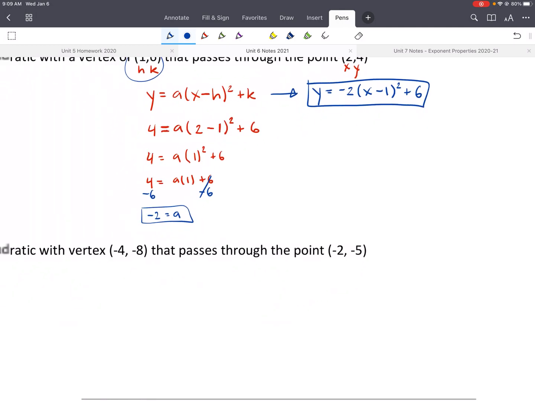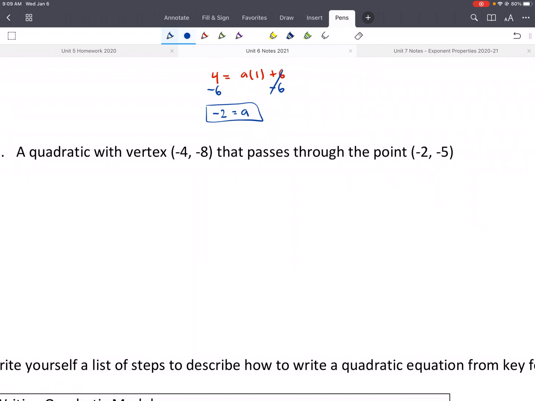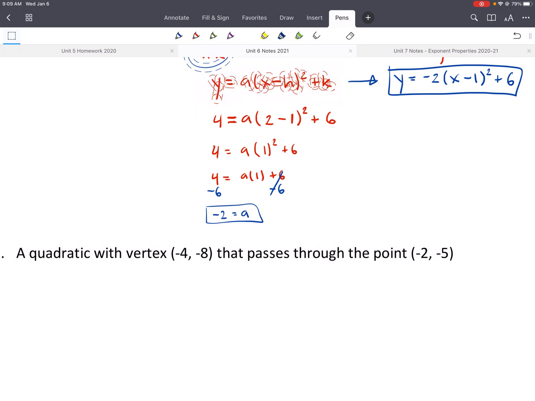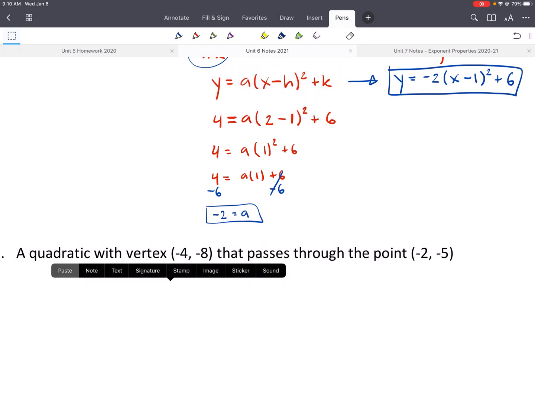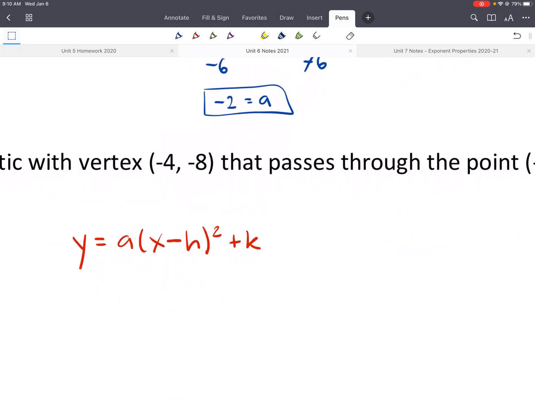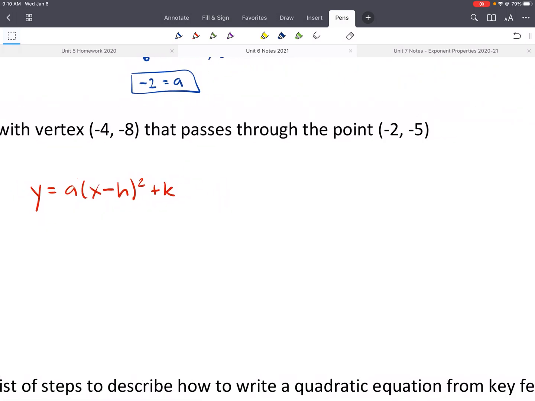All right, now pause and see if you can do d by yourself. Again, this is your vertex form. I'm just going to copy that. Okay. So this is your vertex form.